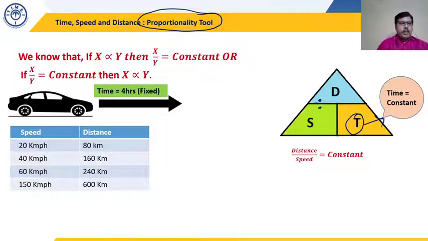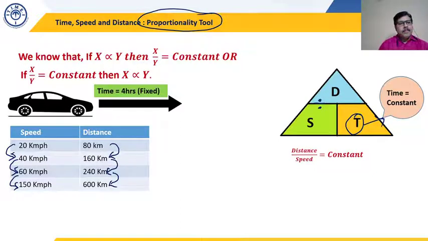Now you can see over here, if speed is twice, the distance is also twice. If speed is 1.5 times, 40 to 60, the distance covered is also 1.5 times. If speed is 60 to 150, 2.5 times, 5 by 2 times, the distance covered is also 2.5 times.